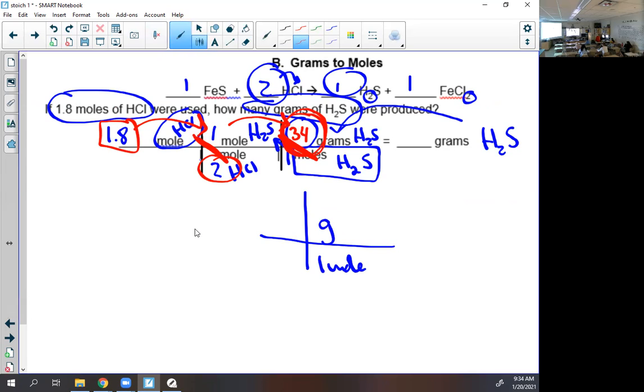Wait, you wouldn't just do 1.8 times 1 divided by 2 and then do 34? You could. I just always go all the way across and then divide by anything on the bottom. What do we end up with? Odessa. 30.6.